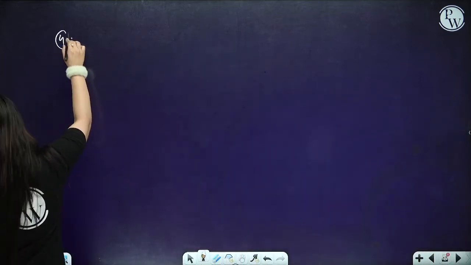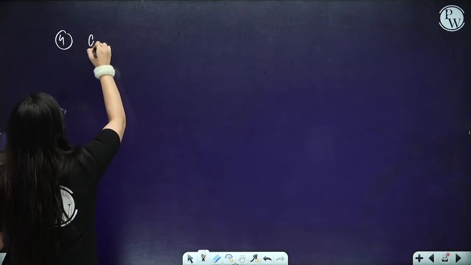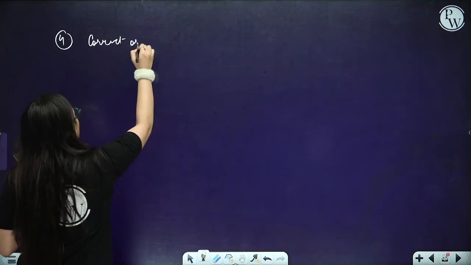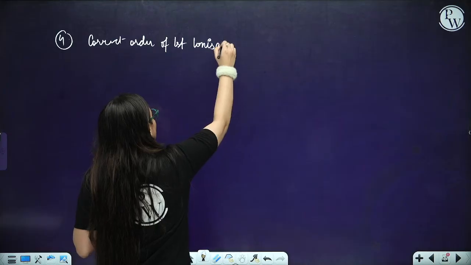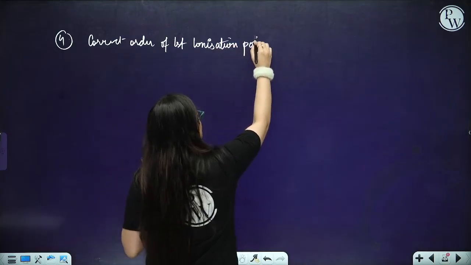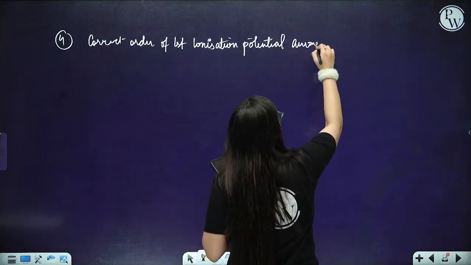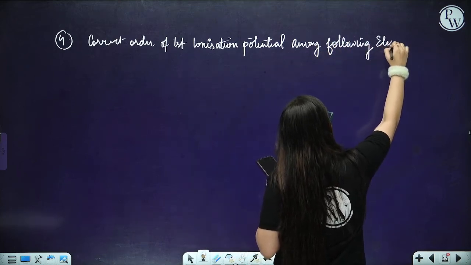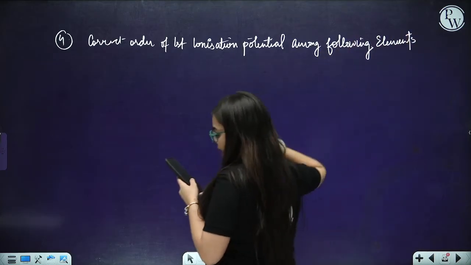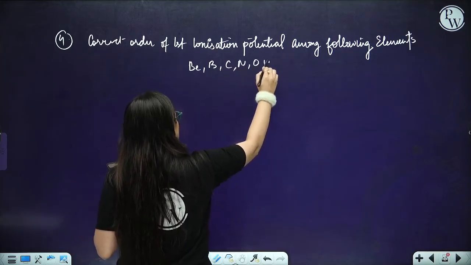This is the 4th question. 4th question is, correct order of first ionization potential among the following elements, that is beryllium, boron, carbon, nitrogen, oxygen is.